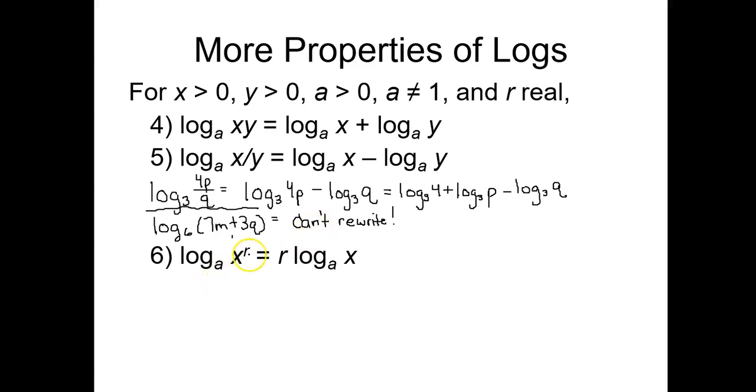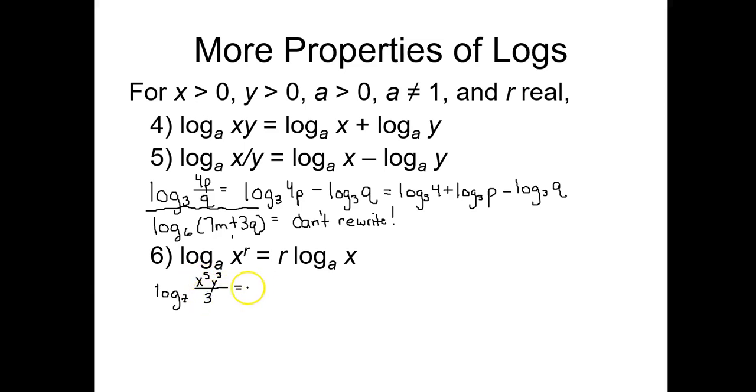And then again, if you have an exponent in your argument, the exponent can come out front and multiply with your log. So let's say you have something like log base z of x to the 5th y cubed over 3.